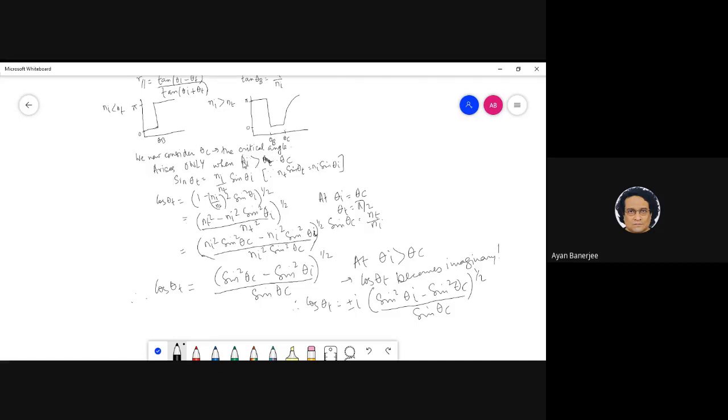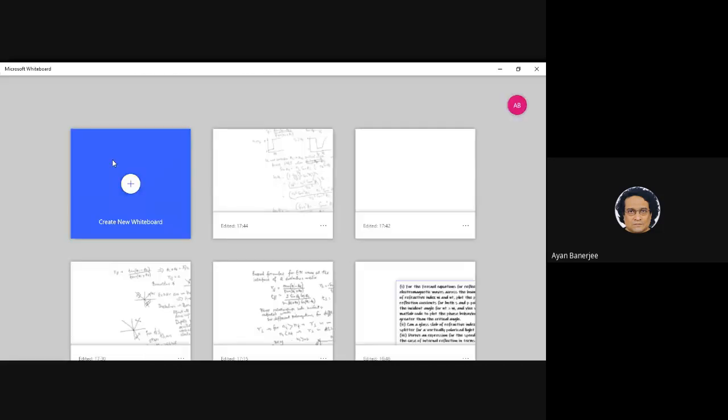Still, this is not correct. What I wanted to write is that it arises only when Ni is greater than Nt. I somehow wrote theta I and all that. Thank you. This is consistent.